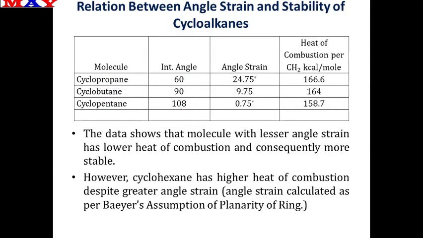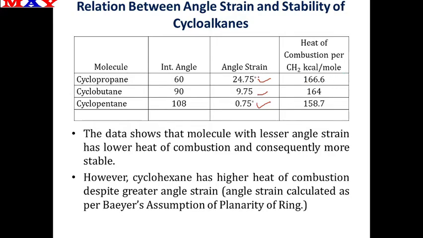Internal angle is given, and we have this angle strain for each molecule. And here we have heat of combustion for each CH2 of our cycloalkane in kilocalories per mole.